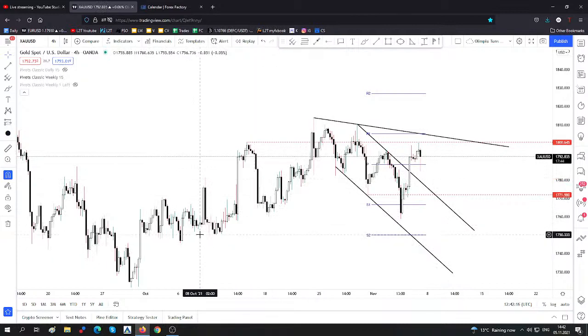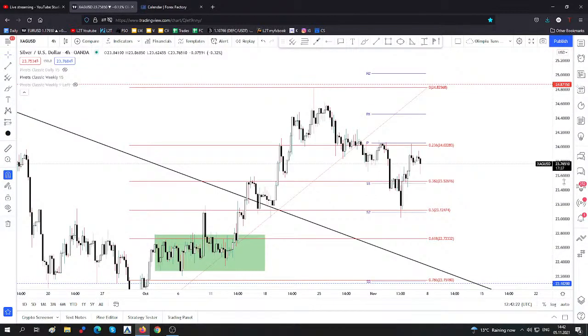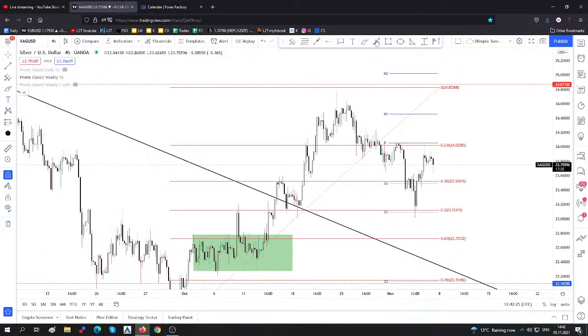Gold and silver drops, I don't know. We'll have to wait to see. Silver has recovered, and something like this in silver as well.